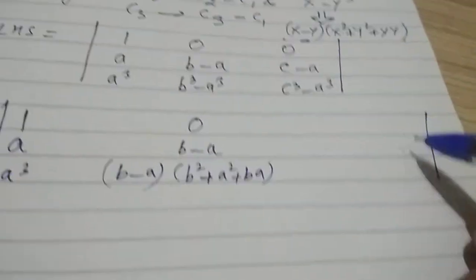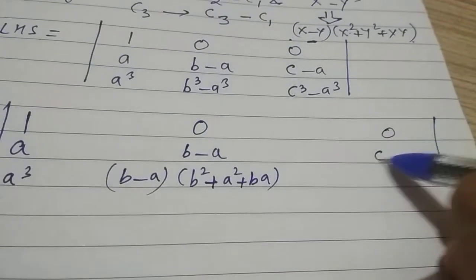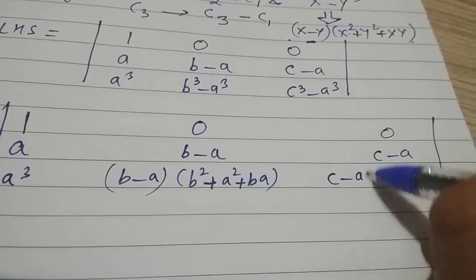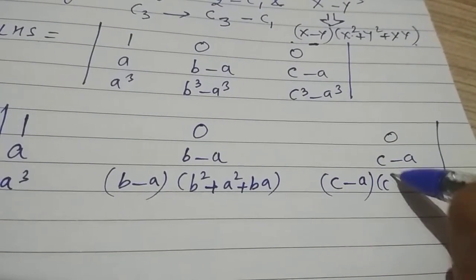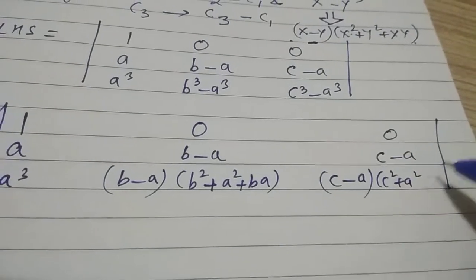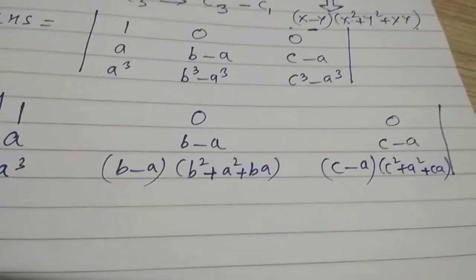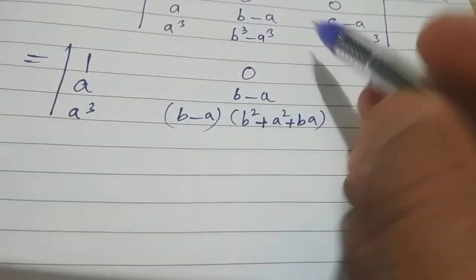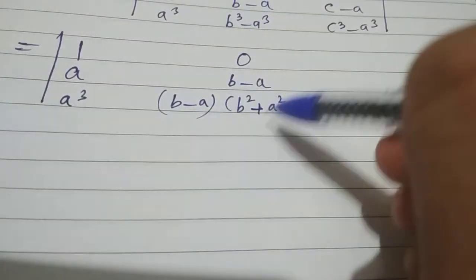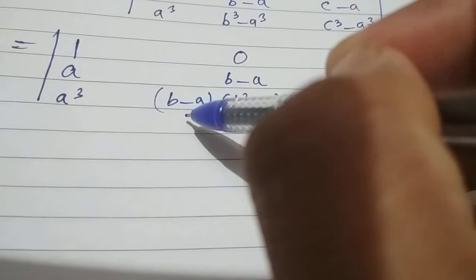And here also I'll get a 0, c minus a, and c cube minus a cube is (c minus a)(c square plus a square plus ca). So now it's very clear that in this particular column b minus a is common.